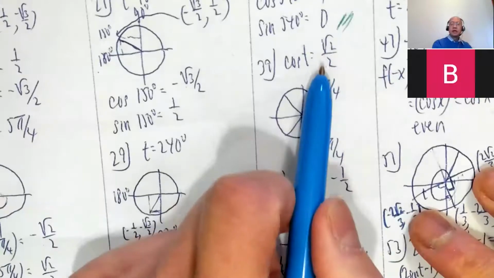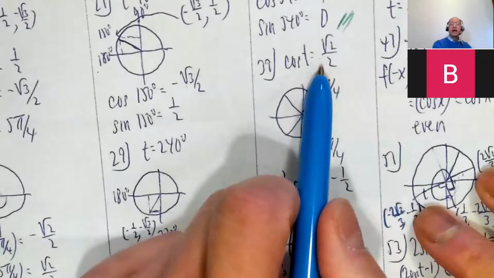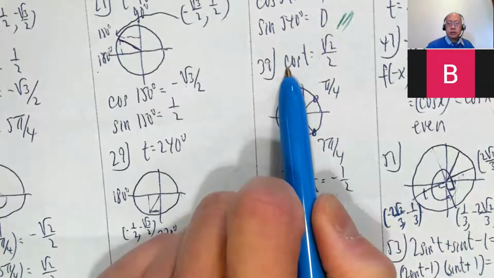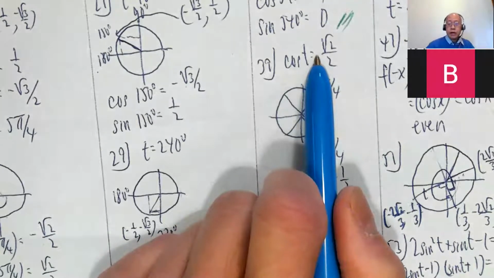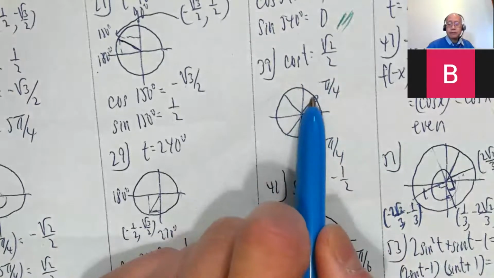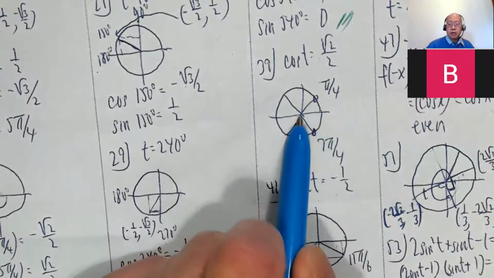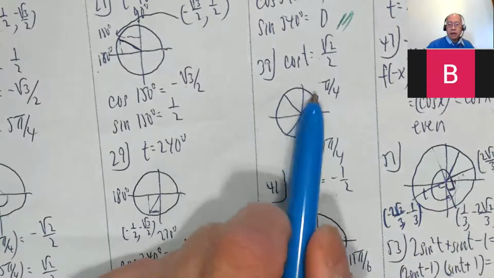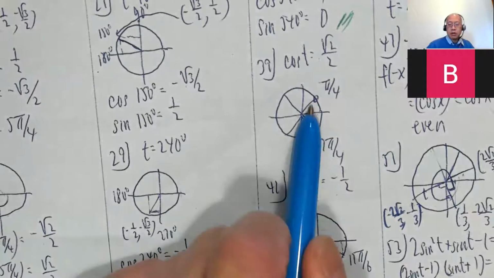Cosine of t is radical 2/2. X coordinate is radical 2/2. And well, I know that radical 2/2 is going to give me something about 45°. So there's one there. Where else is the cosine positive? Quadrant 4. So my angles are pi/4 and 7pi/4.